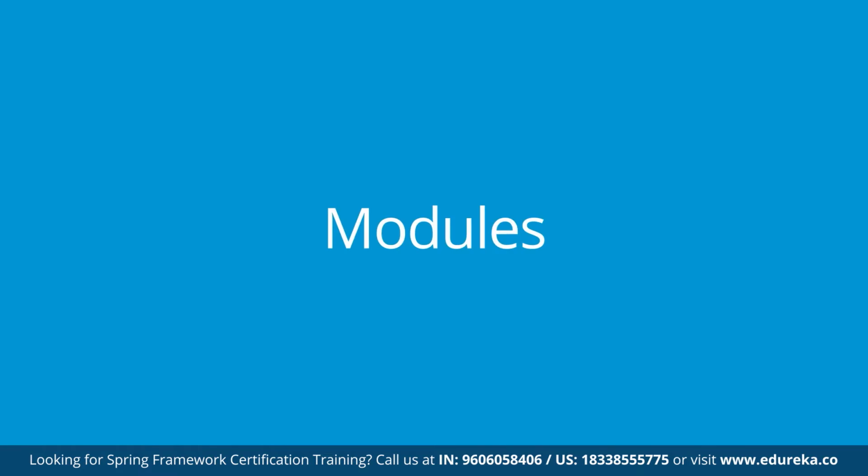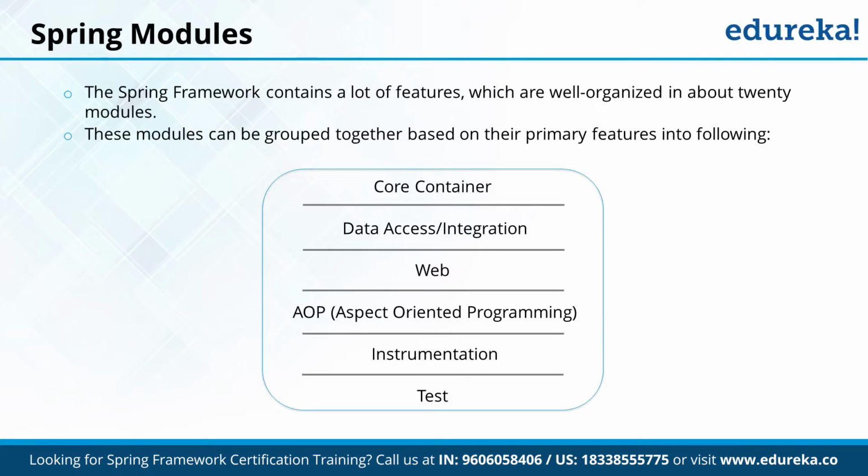So let's see the modules. The Spring module basically contains a lot of features and they are quite well organized, and we got somewhere around 20 modules available, right? The modules are grouped based on a few of their features as in the following. As in the layered architecture we discussed, in a similar way we got these frameworks available. We got core container, data access or integration, right?